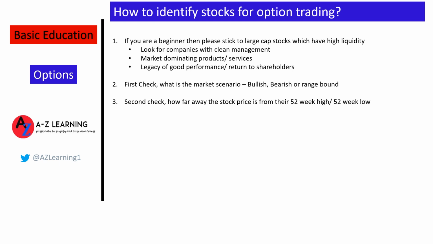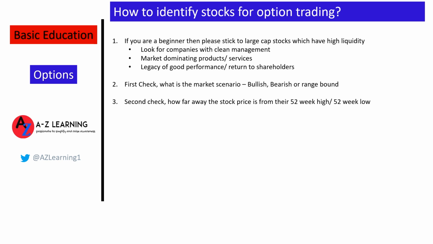option trading. Second check, whichever company you have identified, make sure that you first of all check where the current stock price is relative to the 52-week high or 52-week low, depending on whether you're thinking of buying or selling put or buying or selling call options.